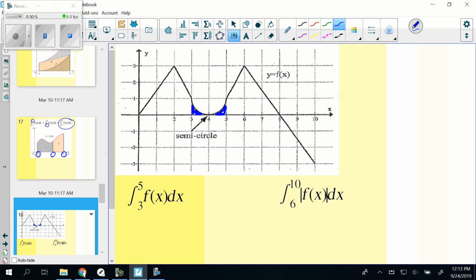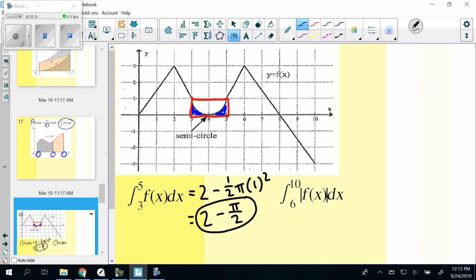So we could calculate the area of these two squares, which we would know would be 2, and subtract the area of that semicircle, and what's left over should be the area we want. The area of the semicircle would be half pi r squared, and the radius of that semicircle would be 1. And so we get 2 minus pi over 2 as the area.